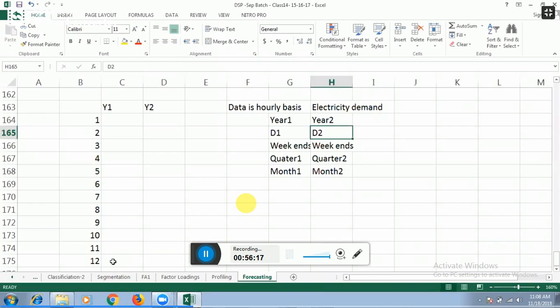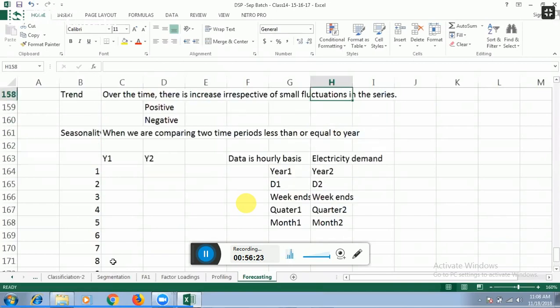If the data is at a weekly level, week, month, quarter, you can do that. So that is what seasonality means. Seasonality means the patterns will be similar for a time period, like when you are comparing year 1 versus year 2, or month 1 versus month 2. That is the kind of situation we call seasonality.